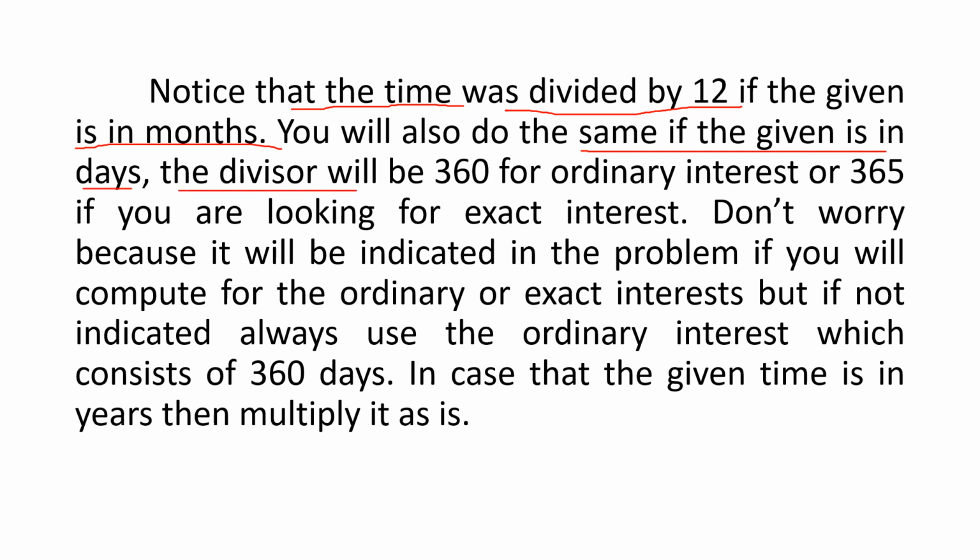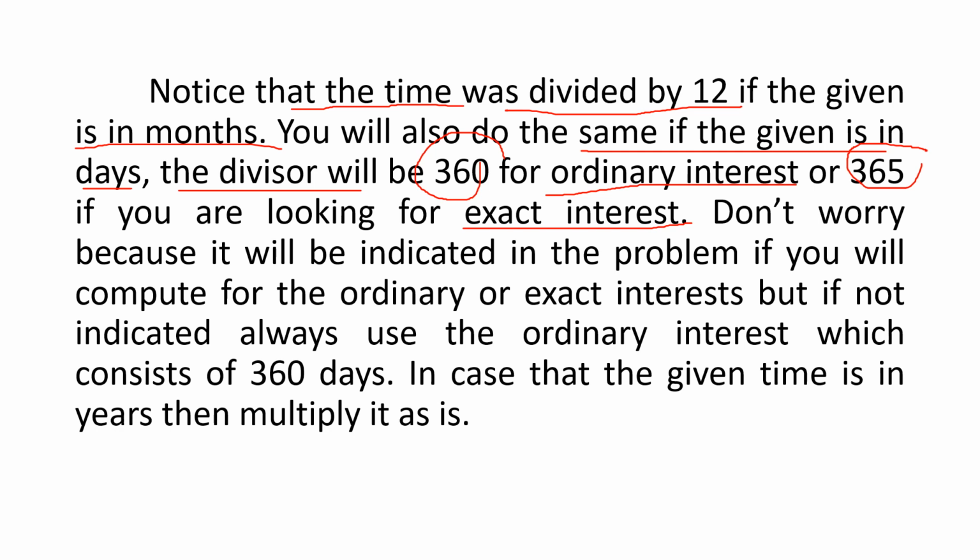The divisor will be 360 for the ordinary interest, or 365 if you are looking for the exact interest. There is a difference of 5 between 360 and 365. Please take note that if you're asked to look for the ordinary interest, then we use 360.